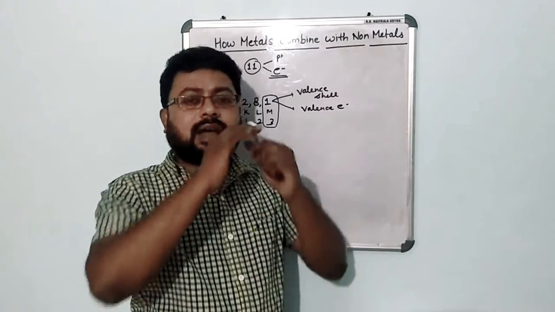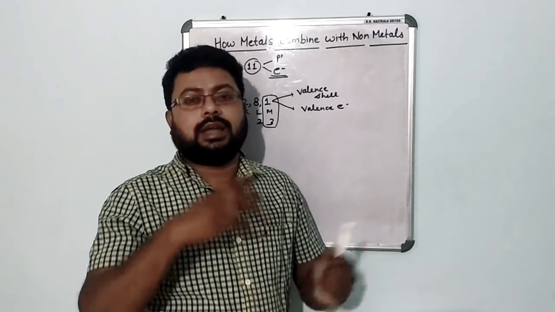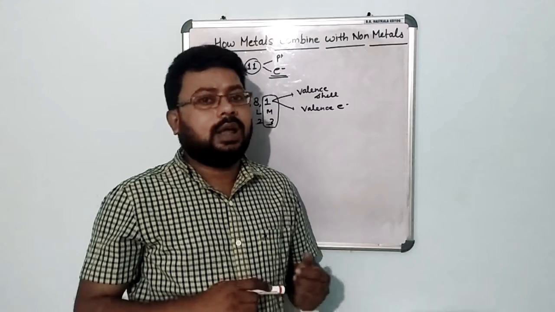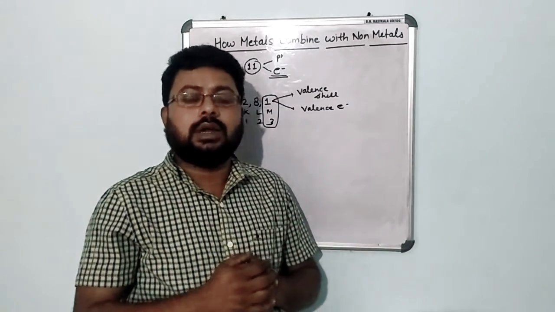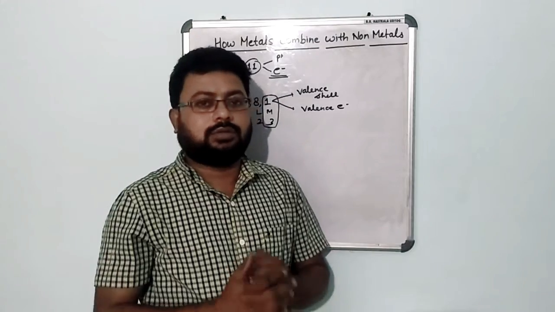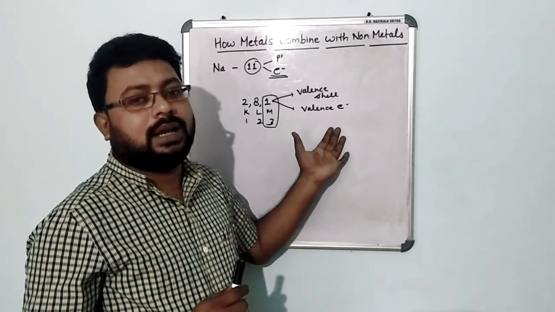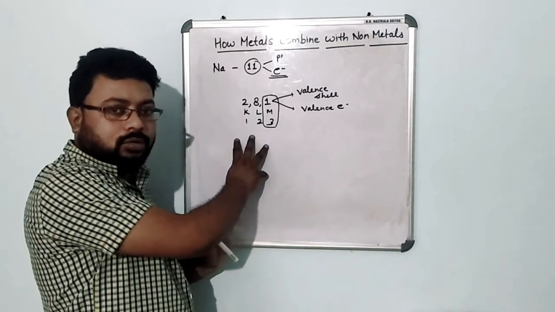So that means the valence shell is basically capable of the exchange and movement of electrons in and out of an atom, and this decides the combining capacity of any element also. So that is the importance of valence shell and valence electron. Now I think it is very clear to you.